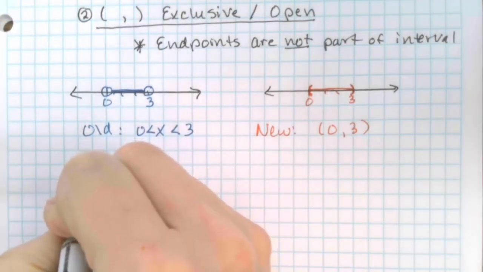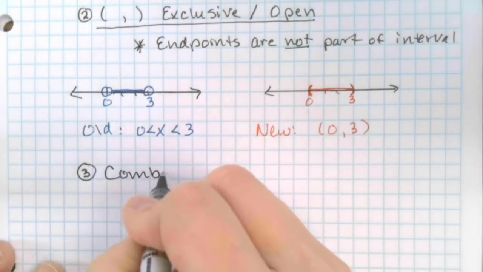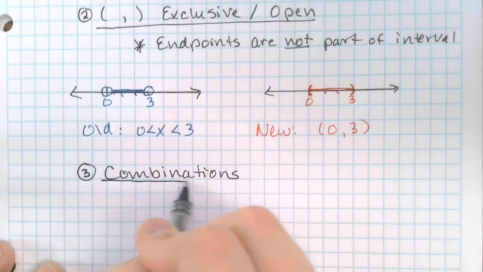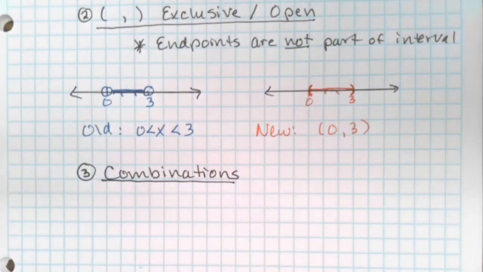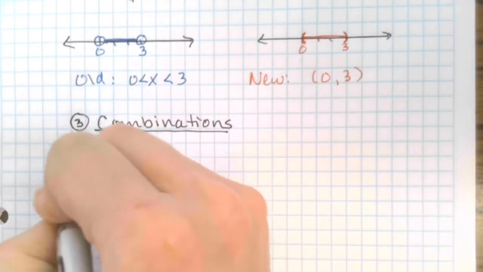Okay, part 3, combinations. Combinations are where interval notation really starts to shine, because it is so much easier to represent things for a combination using interval notation. So we're just going to do a big example here.